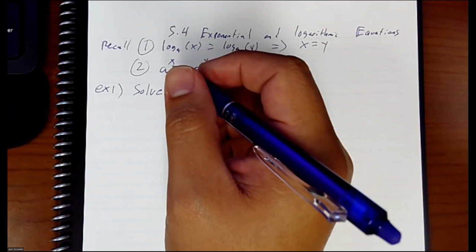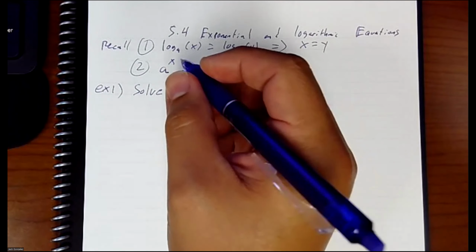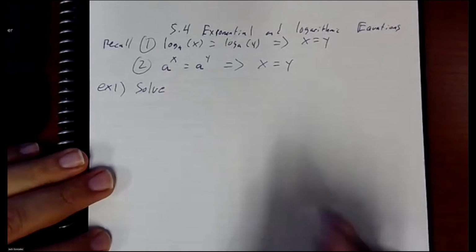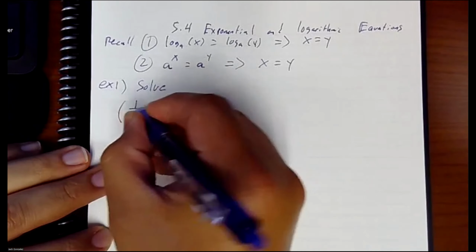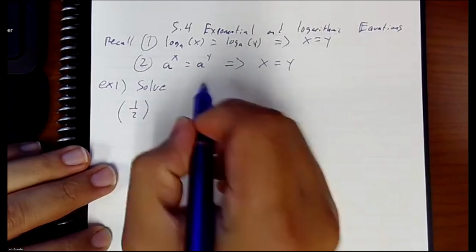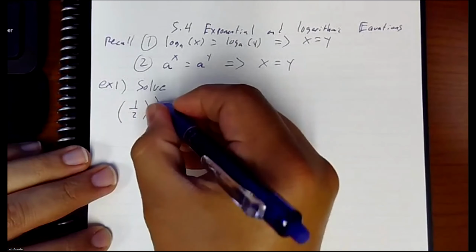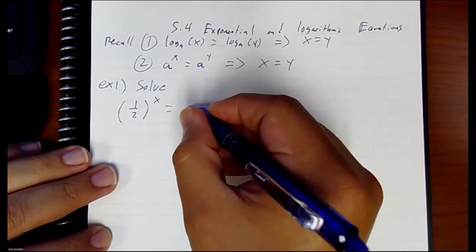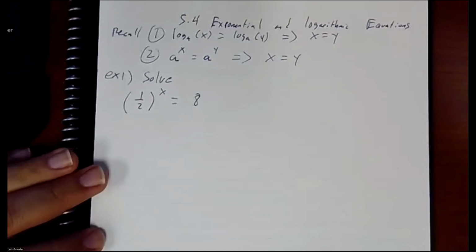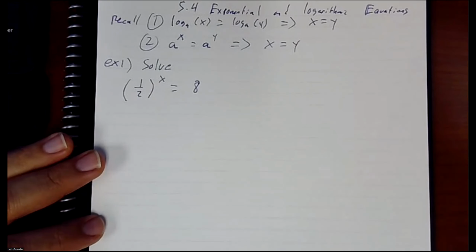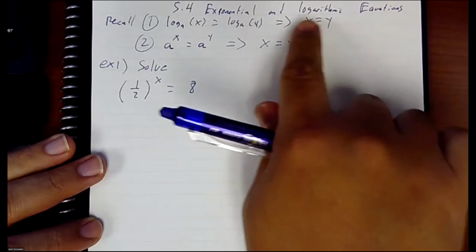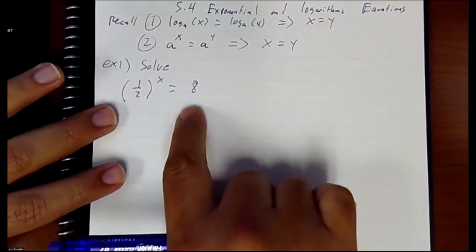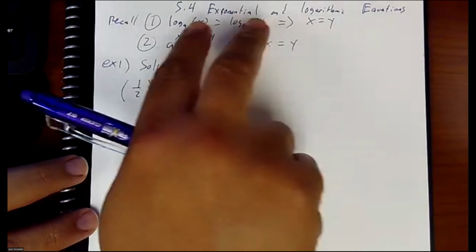Let's skip to number 5 on your homework. So you can use property 2 to solve this, or you can use all your log properties we just talked about. Remember how we said if you have an equation, which we do, then you can introduce any log you want.